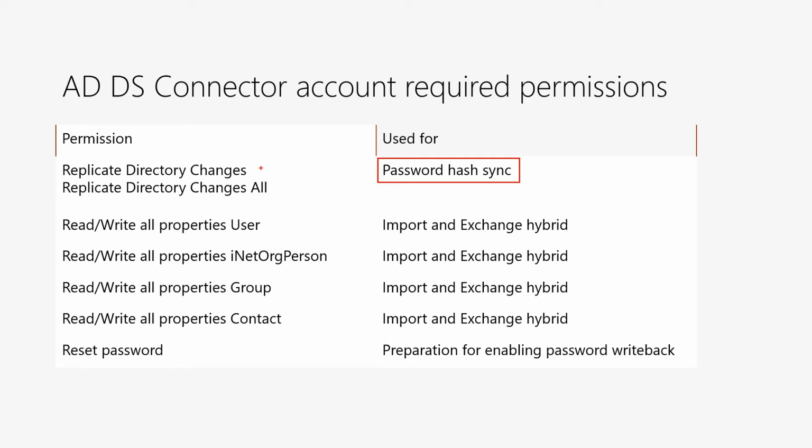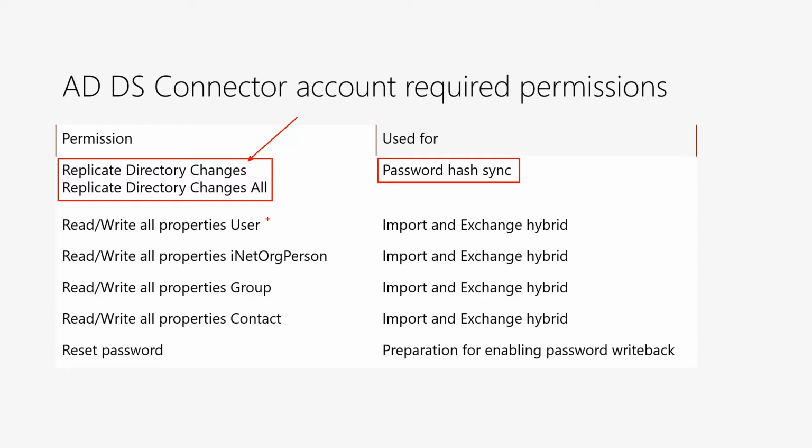But when you enable password hash sync, the MSOL account will have extra permissions. The account will have those two permissions: replicate directory changes and replicate directory changes all. What are those permissions all about? Those permissions allow you to replicate Active Directory, so you may act like a domain controller.